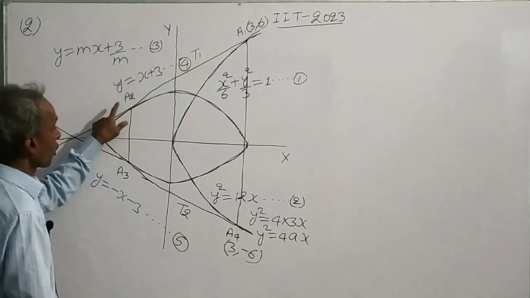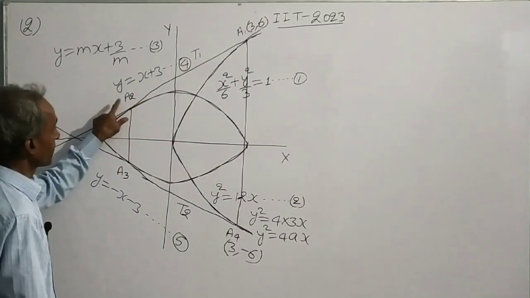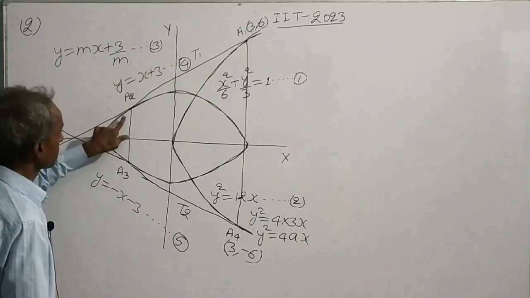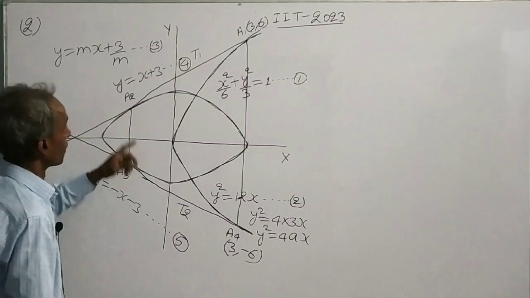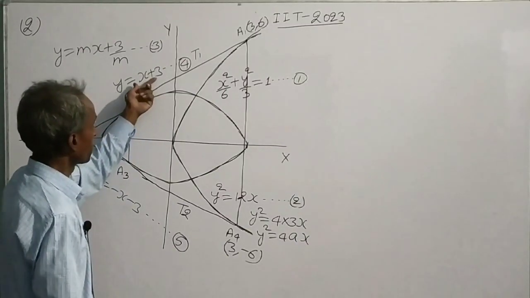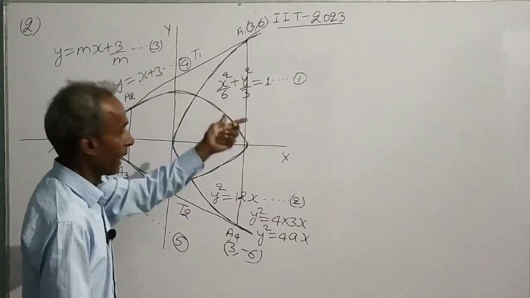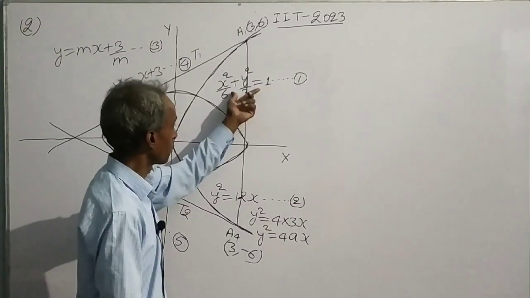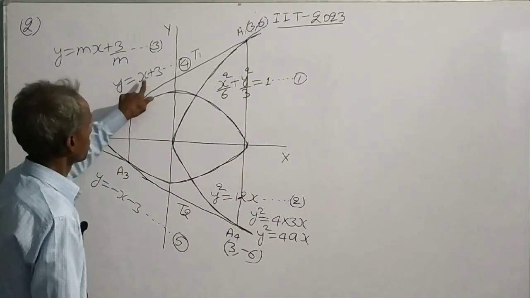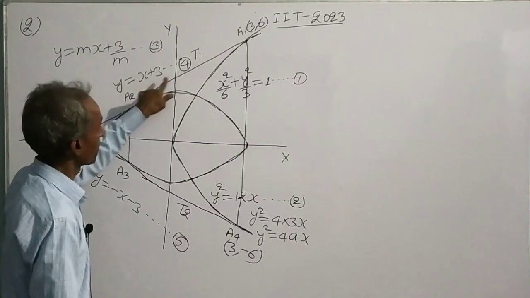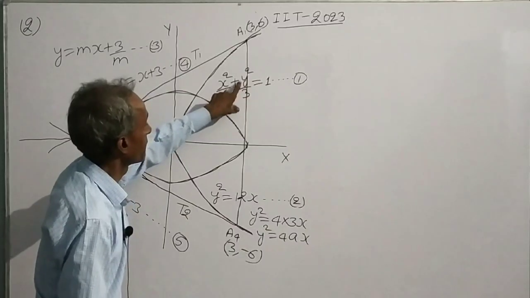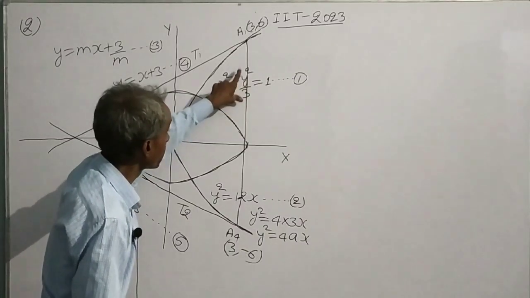To find the coordinate of this point A2 where this tangent T1 touches the ellipse, we will solve equation 4, the equation of tangent, and the equation of ellipse, putting y is equal to x plus 3 in place of y in the y square.